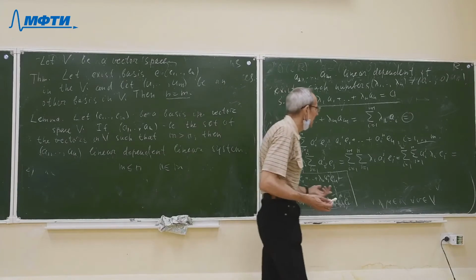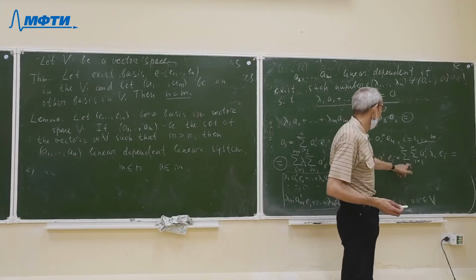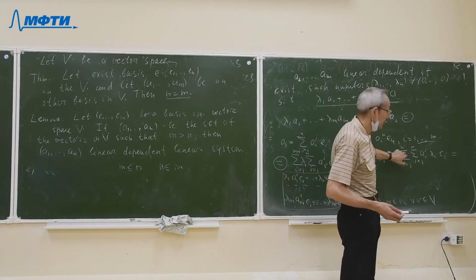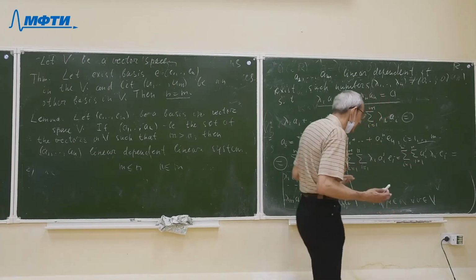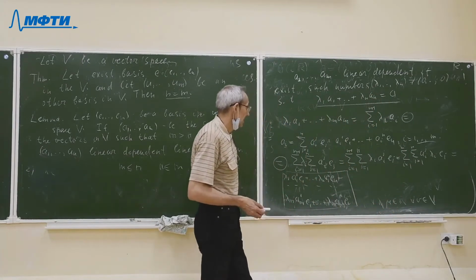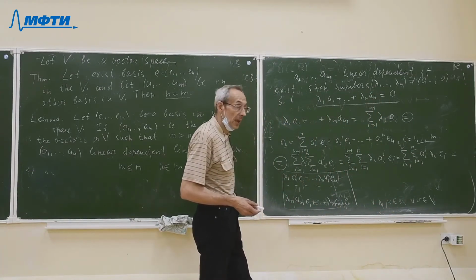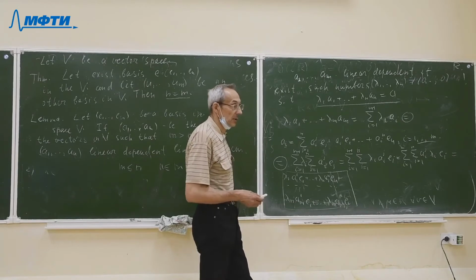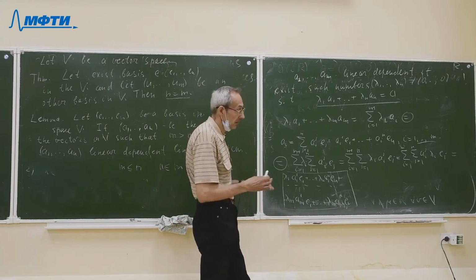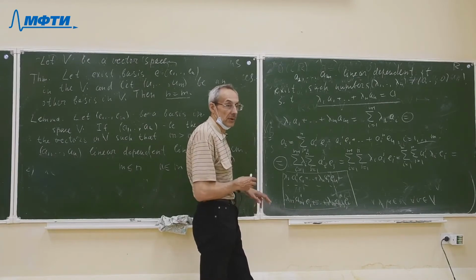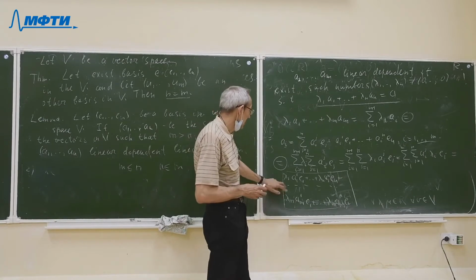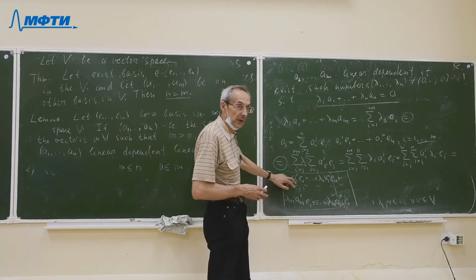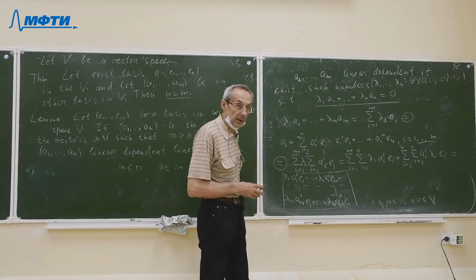It means that I change the order of the sum, and I obtain the same sum, because the operation satisfies the axioms of commutativity and associativity. You can change the order. You can permute these elements any way.